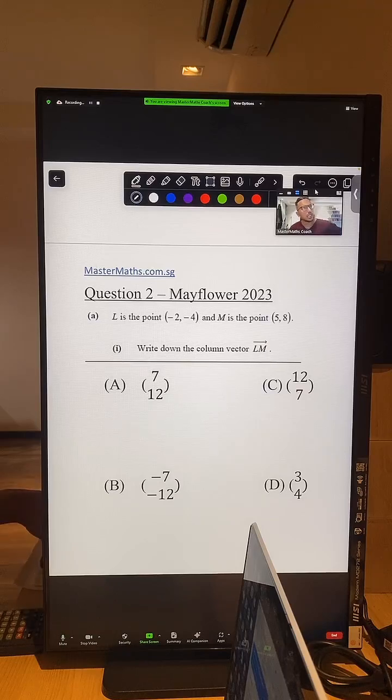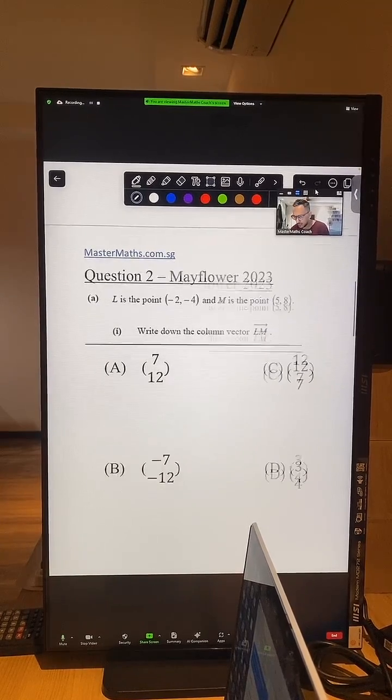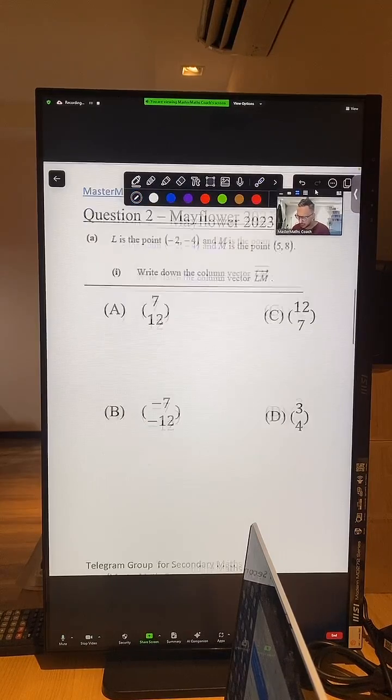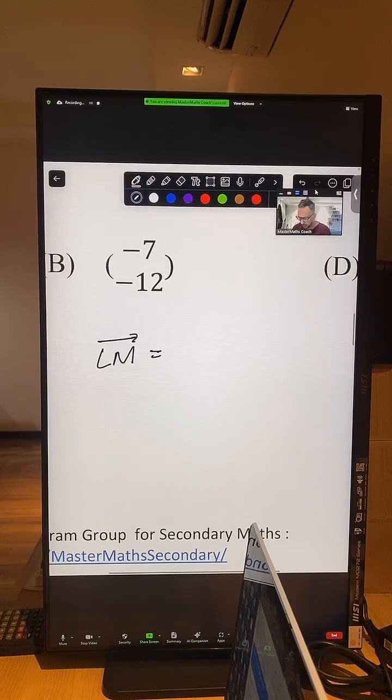Okay guys, so let's do the column vector. So this one is vector lah. How I do vector? Very simple guys. When I see LM, I straight away tell myself, okay, LM is LO plus OM.